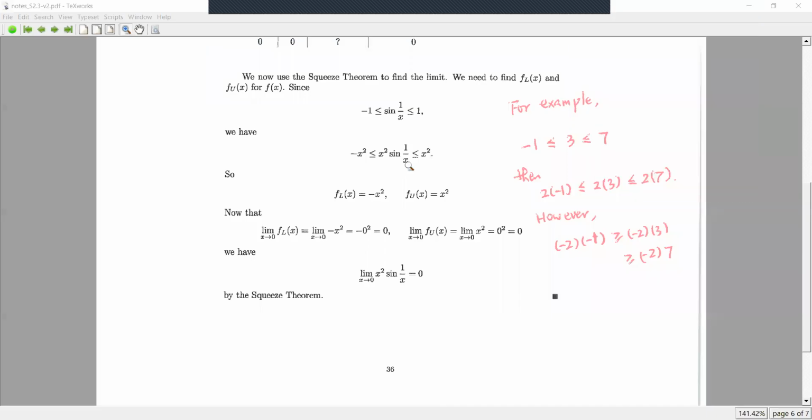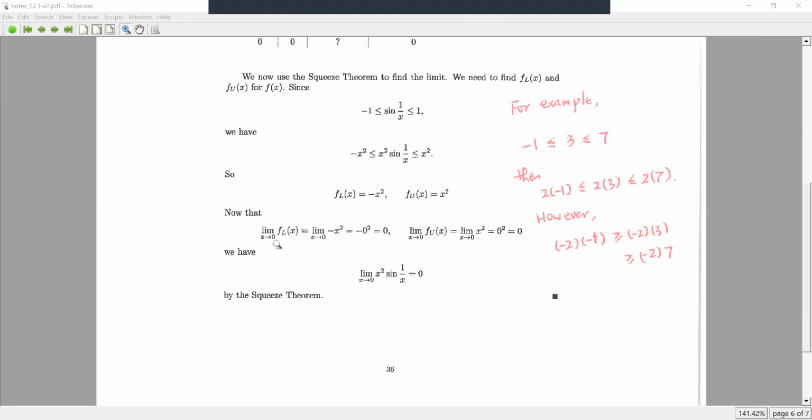Because of this sandwich, or because of these two inequalities, a lower function for the function f is negative x squared, and an upper function for the function f is x squared. Now we compute the limit on these two functions. By direct substitution, it's easy to get the limits.